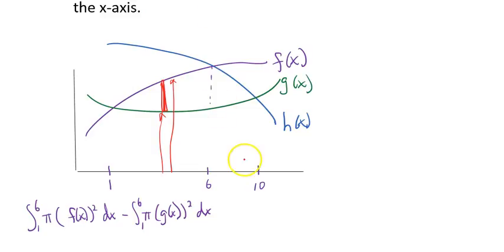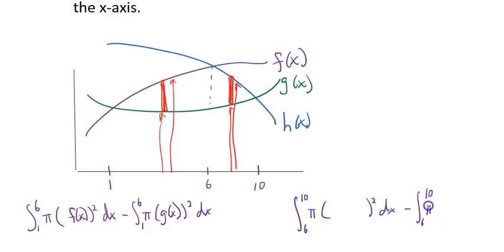But then you would have to figure out what the second hunk is. And if you draw a rectangle over here, it's only touching H and G. And so when you draw your height arrows to the bottom and the top, they look like this. And so we would have the integral from 6 to 10 of pi r squared dx minus the integral from 6 to 10 pi r squared dx.